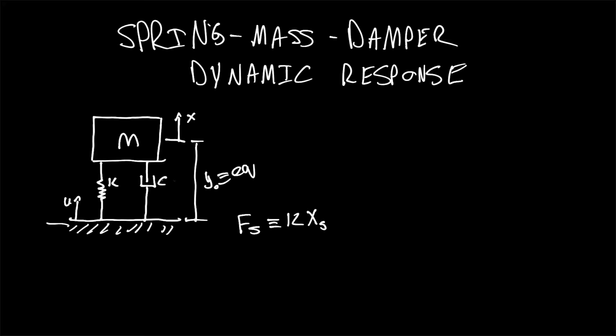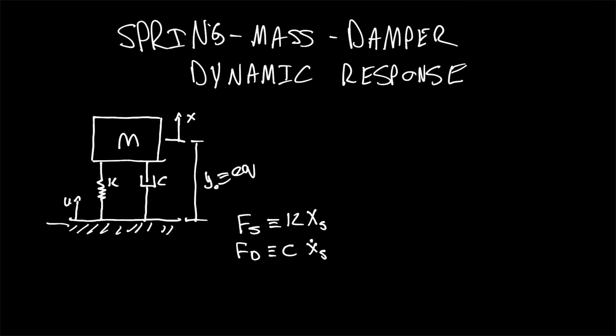And we have a linear damper, call that FD, which is going to have a force in it that is equivalent to some C constant, damping coefficient, multiplied by, we'll call it x dot s. And those x's don't directly relate to this yet, but I will explain that later on.